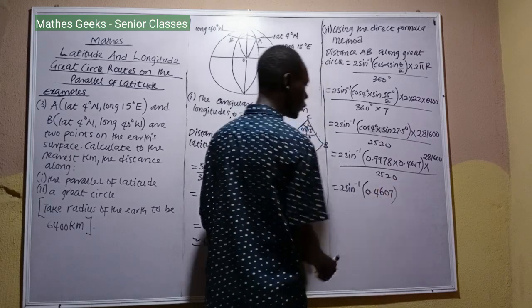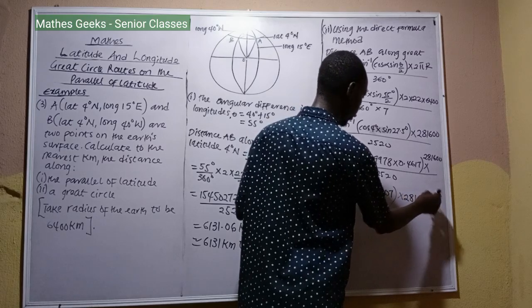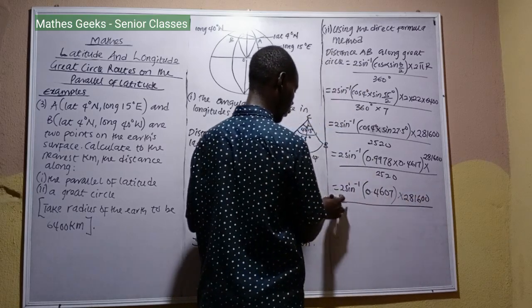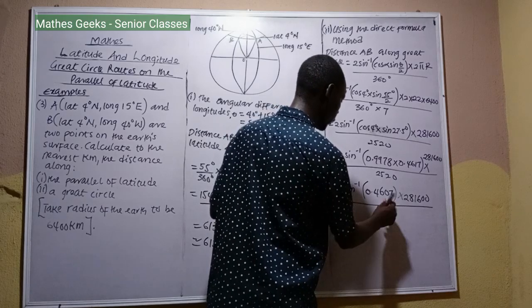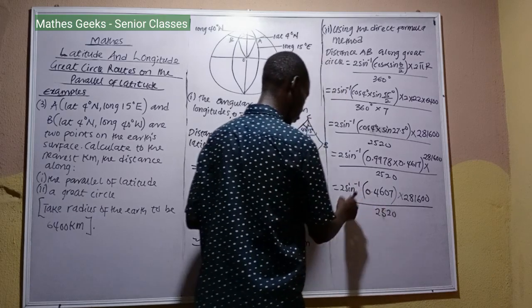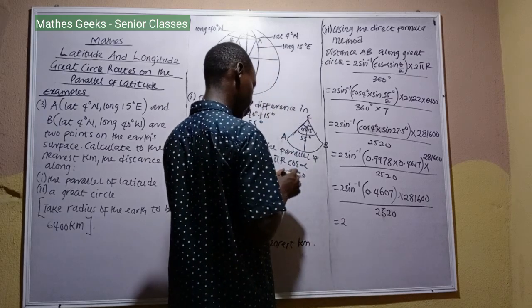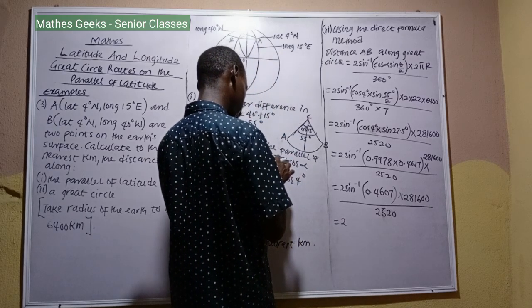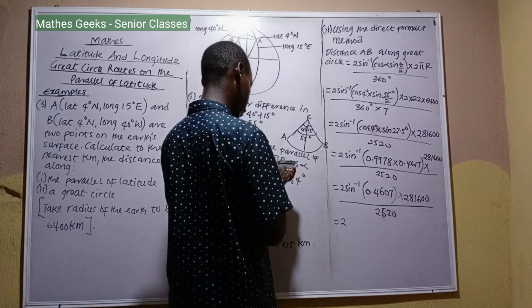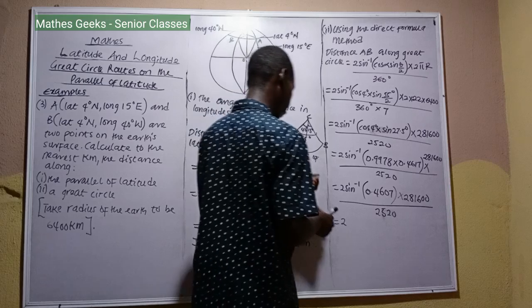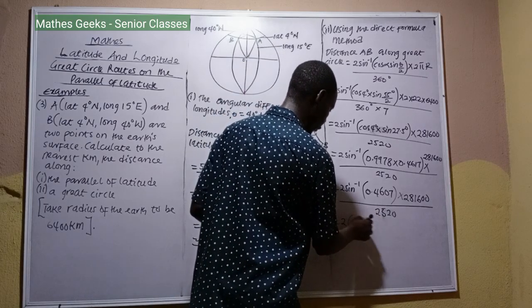0.4607 times 281,600 over 2520. So 2 arc sine of 0.4607. Arc sine of 0.4607 is 27.4 degrees.